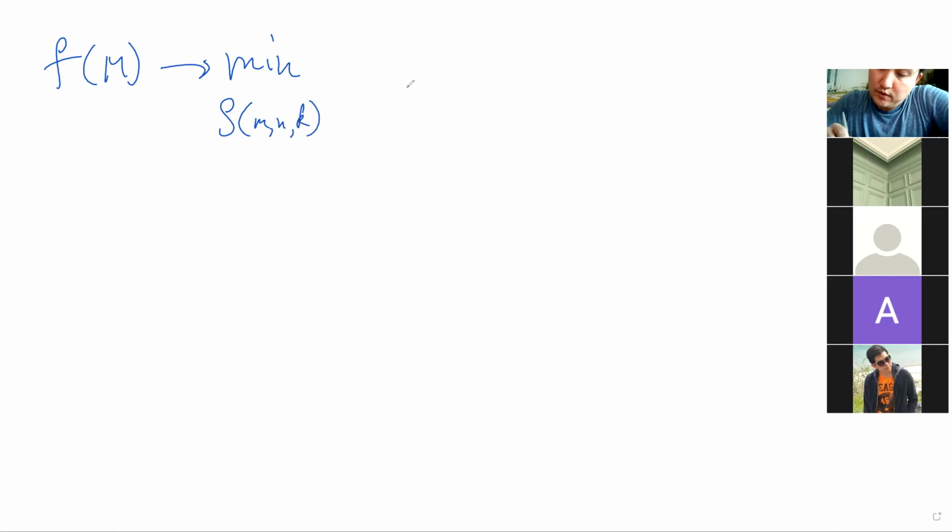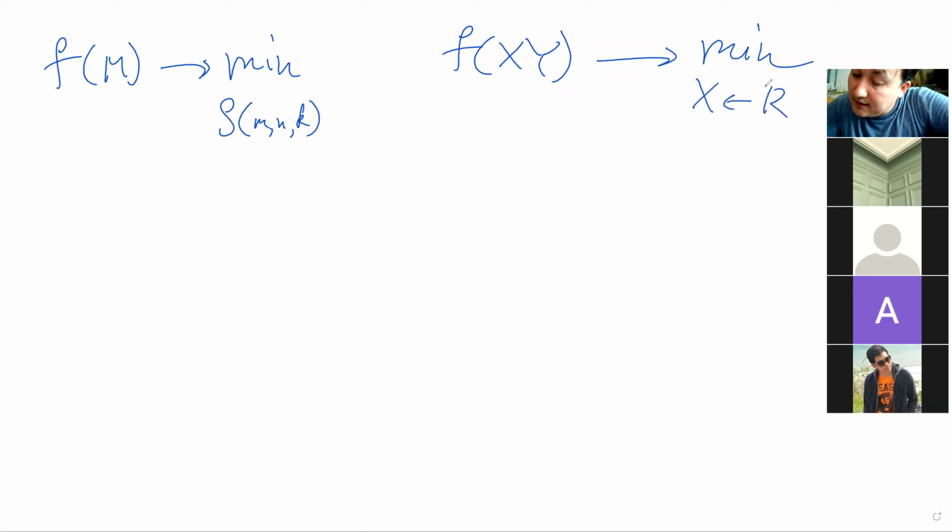Why not solve another problem: minimize f of X times Y, where X is unconstrained, with no constraints, of size m times k, and Y is k times n. So instead of minimizing f of M, we will minimize f of X times Y, where X and Y are some unknown matrices.